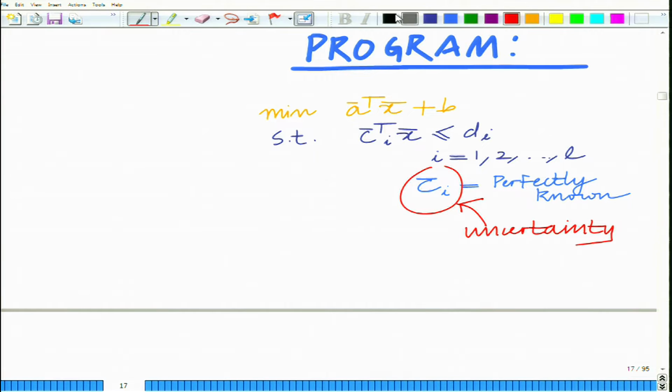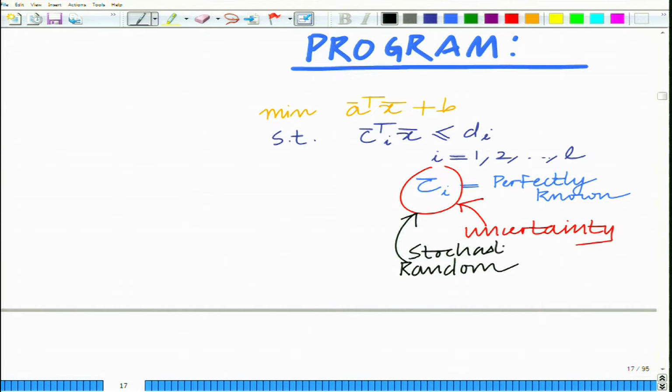One practically useful model for such scenarios is to assume that these c bar i's are random in nature. This also gives rise to a stochastic version of this linear program.